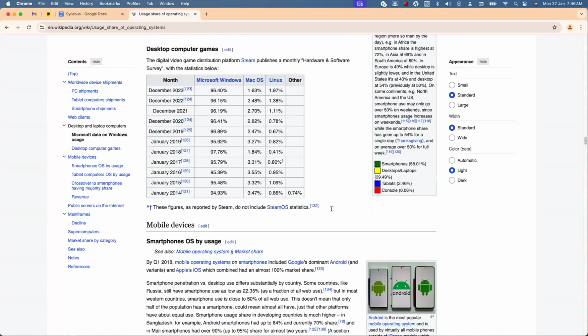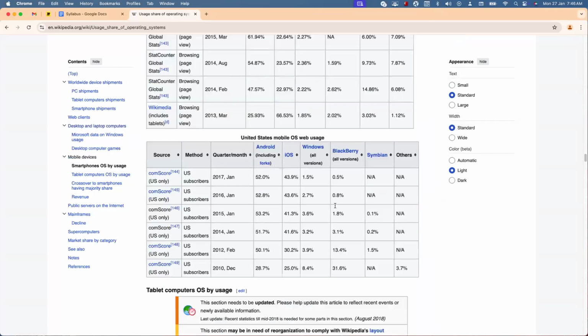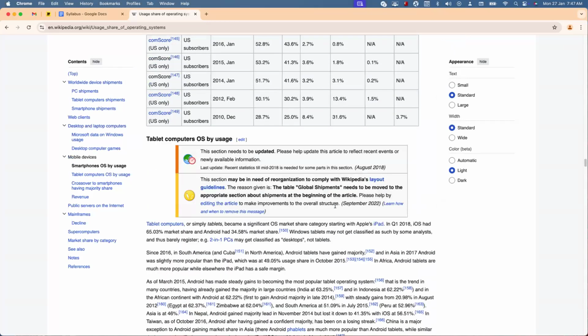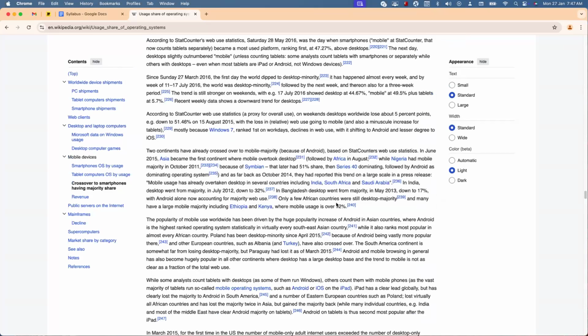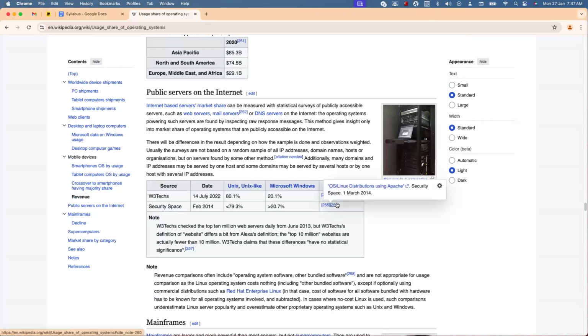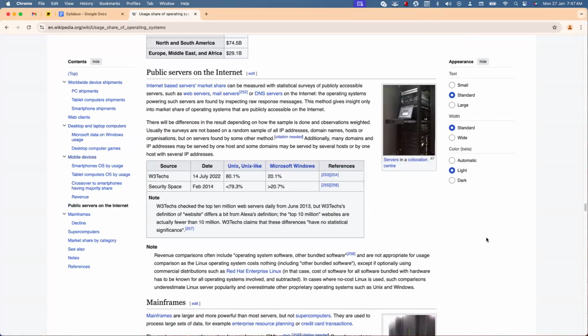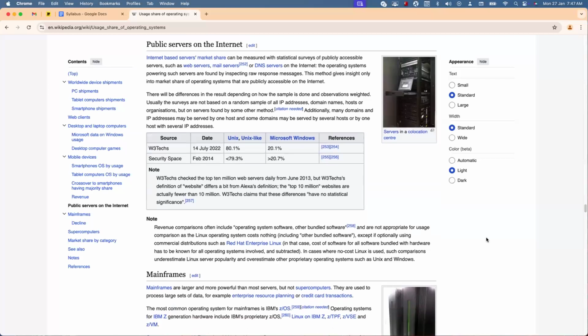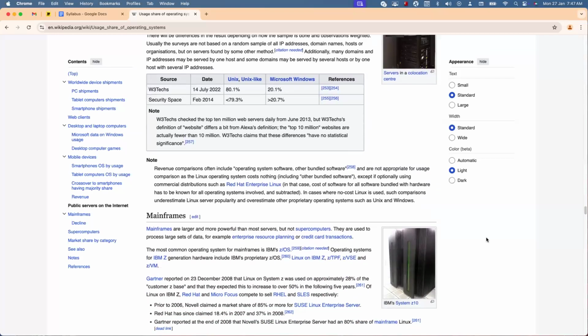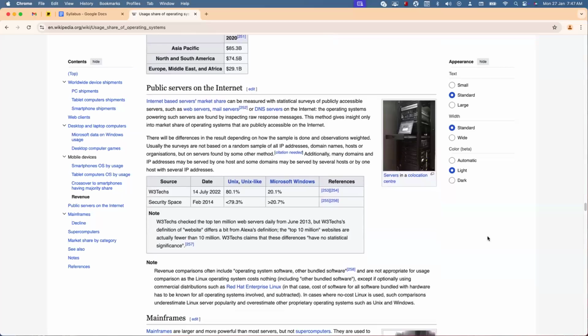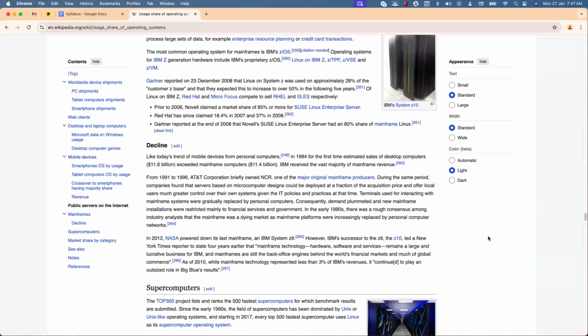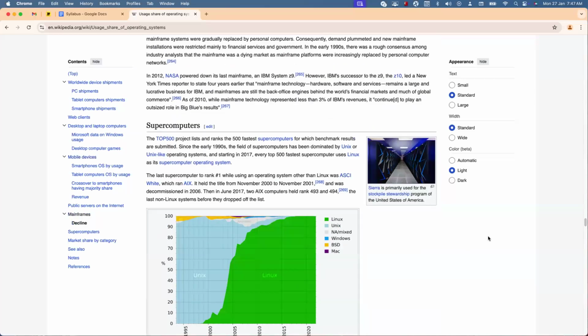Now, the same way, if you come down to the server side, here's the one.